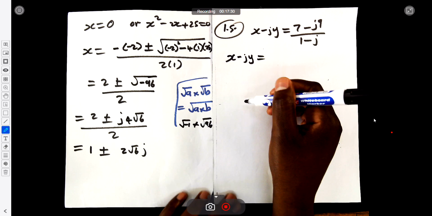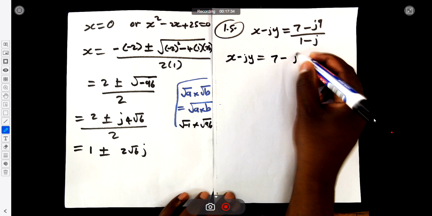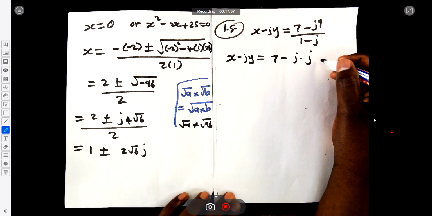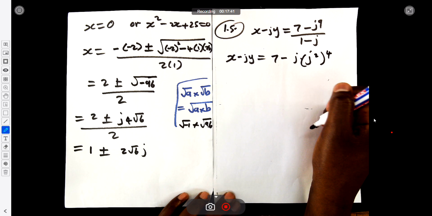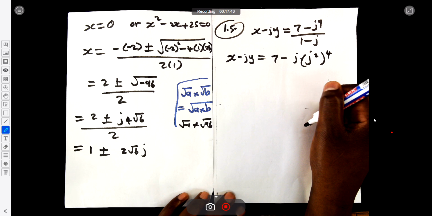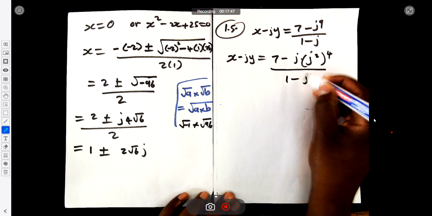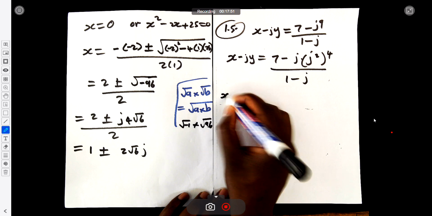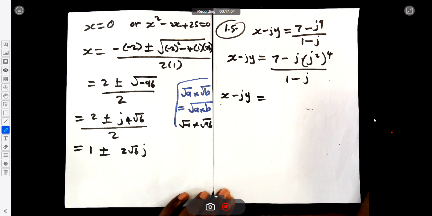So we see we need to simplify because we still have a division of complex numbers. First of all, we need j to the power of 1 and j to the power of 8, isn't it? J to the power of 8 we can write as 2 times 4, then all divided by 1 minus j. Therefore, you'll have x minus jy equals 2.